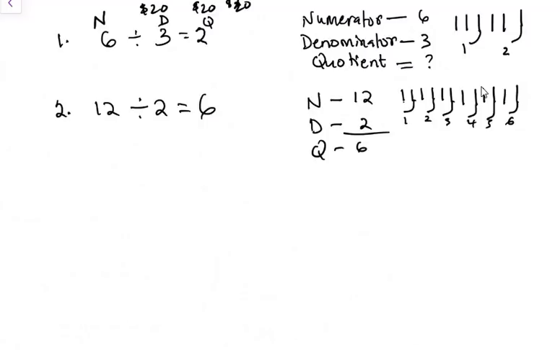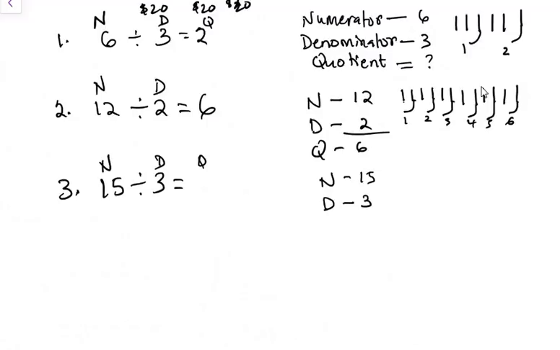Now the third example is 15 divided by 3. Again, we want to help understand the concept. The number that we are dividing is the numerator. The number that will be helping us to break that division is the denominator, and our answer will be the quotient. So in this case, the numerator will be 15. Our denominator will be 3.